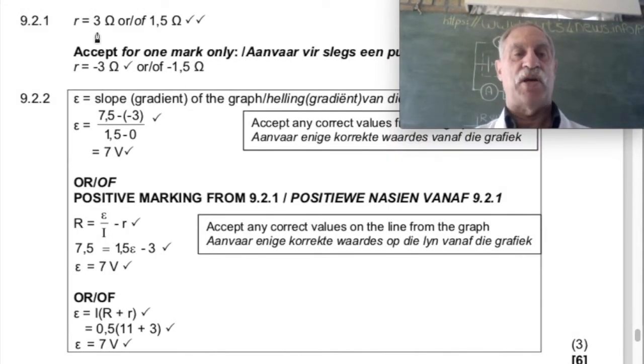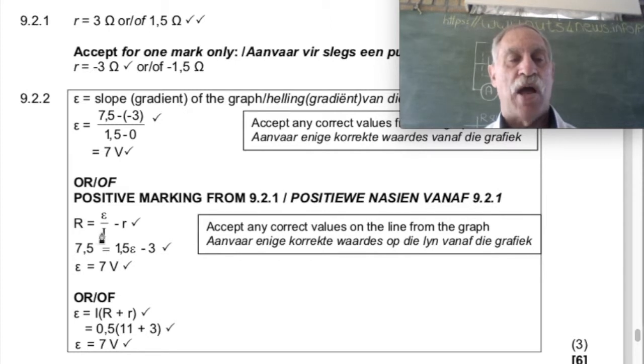Let's see how the memo does it. You see here they say the internal resistance was 3. Then let's use this method. We choose our formula. We plug in the external resistance 7.5. There's our internal resistance, notice it's minus positive 3.